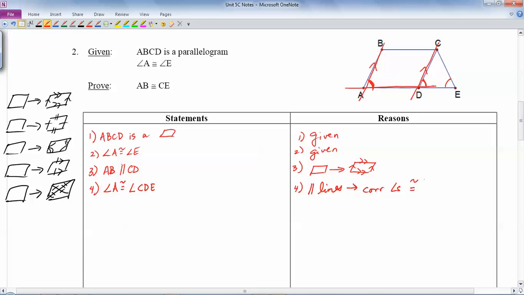Okay, well then now I know, since A is the same as E and A is the same as CDE, that CDE and E are the same. So CDE is the same as angle E. It's basically saying, let me just plug in this E for that A there. So this is going to be substitution.